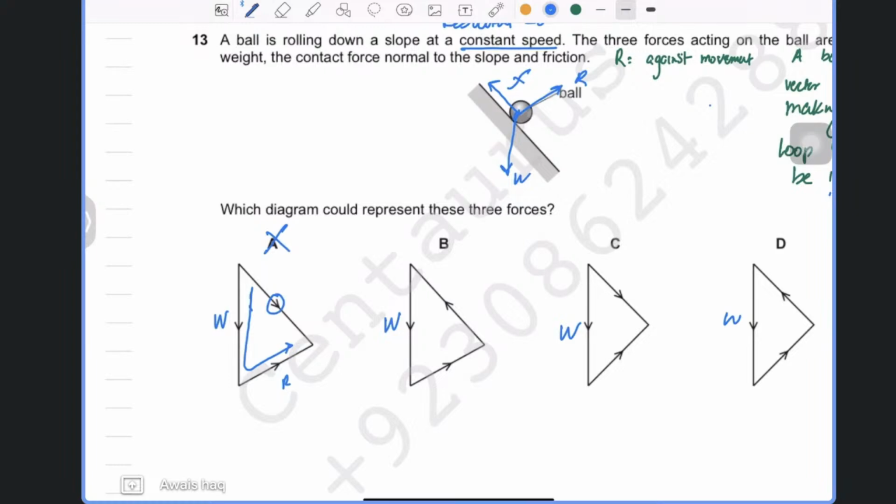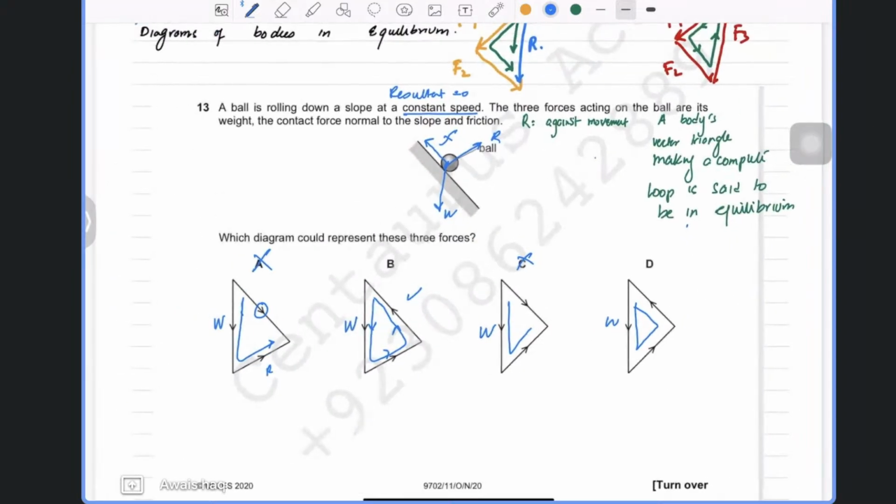In this one, it goes like this and makes a whole complete loop, so this could be my answer. In this one, it is also against, so it can't be my answer. In this one, this can also be my answer, because it is making a complete loop.